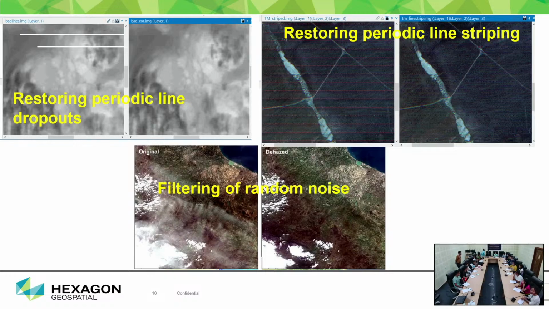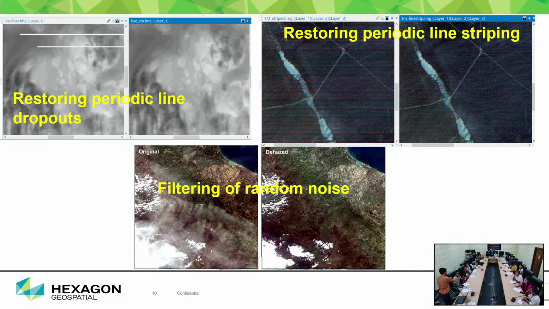Restoring periodic lines means that when this data was collected, the sensor was not working for this particular line portion. There are push broom and across broom scanners.